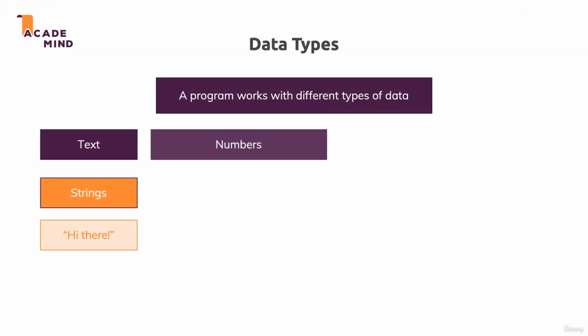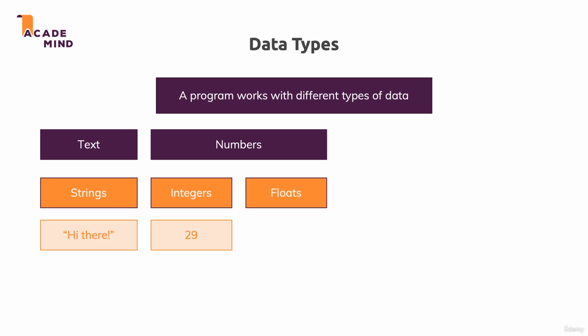Besides the text, for our numbers, we have so-called integers and we have floats or doubles. Integers are numbers without any decimal places, like 29 or 43 or -10. Floats or doubles are numbers with decimal places, like 29.99, -10.56, something like that.